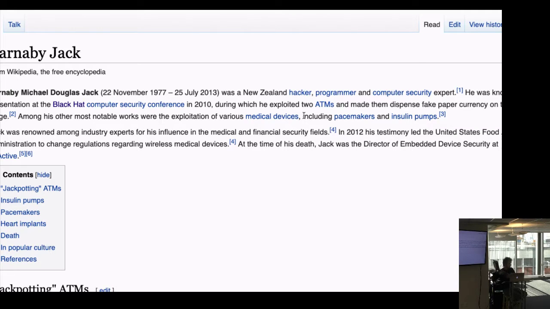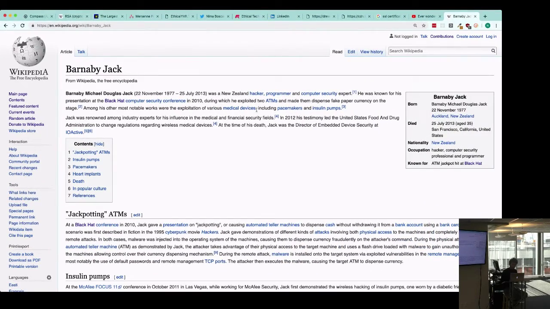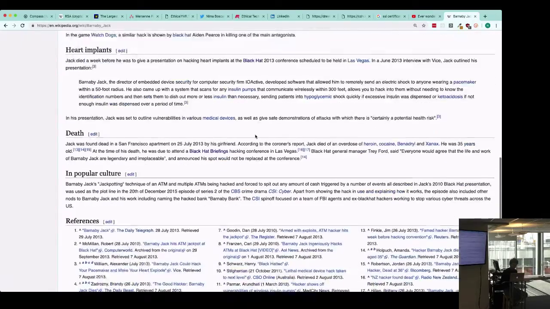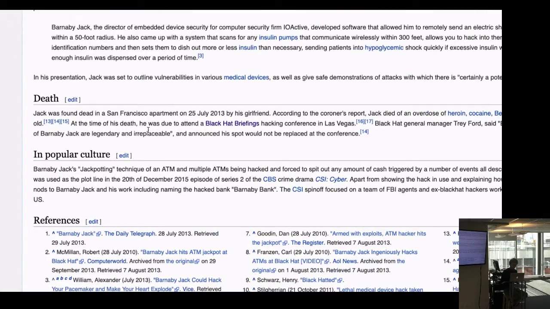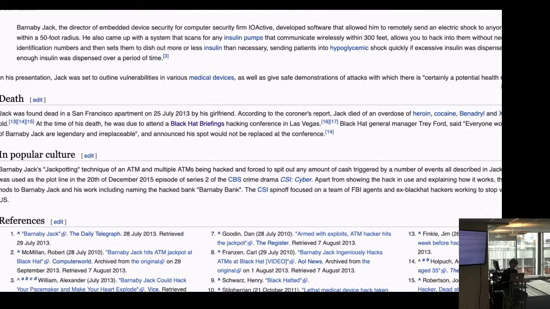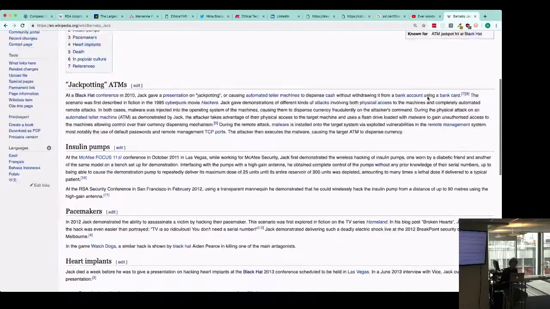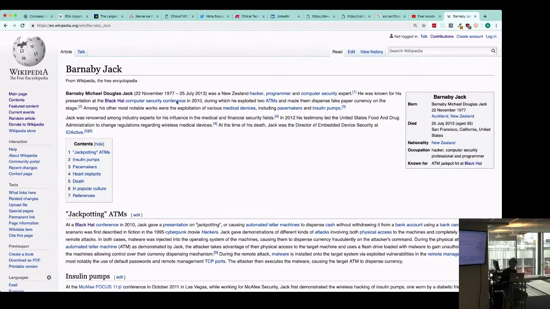Scary stuff. But it's good that it's being shown off so that computer security experts can continue to build on top of that and make sure this stuff gets more and more secure. Jack died in 2013, and it's a bit weird. I'll invite you to read into it, but a really interesting person.